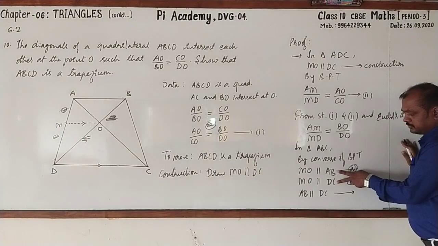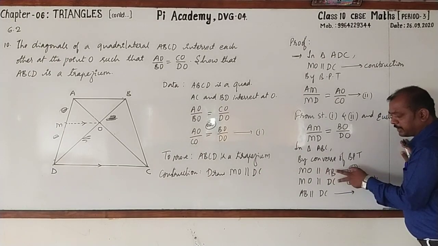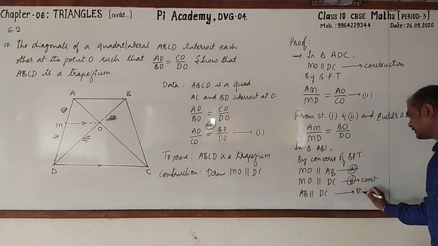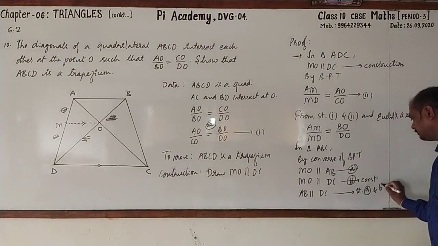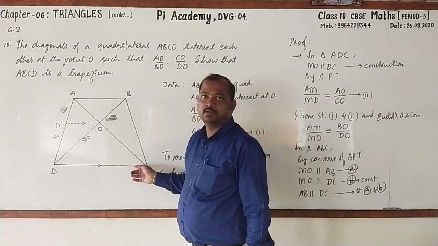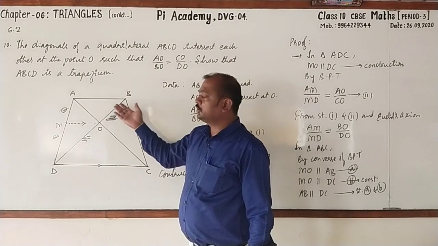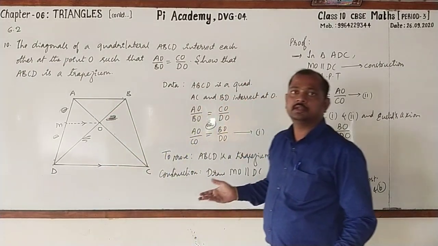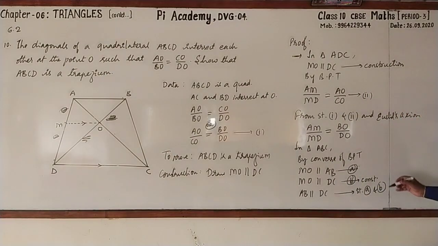The lines which are parallel to the same line are parallel to one another. It is from statements A and B. Now, AB parallel to DC. Then what do you call a quadrilateral in which one pair of opposite sides are parallel? It is a trapezium.